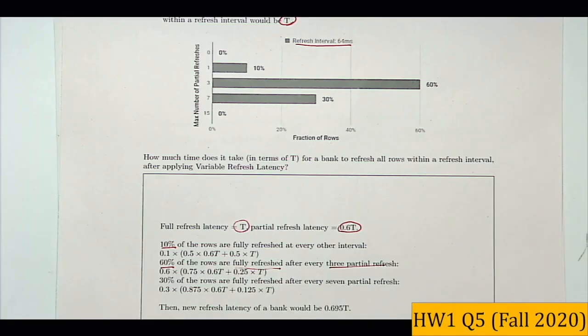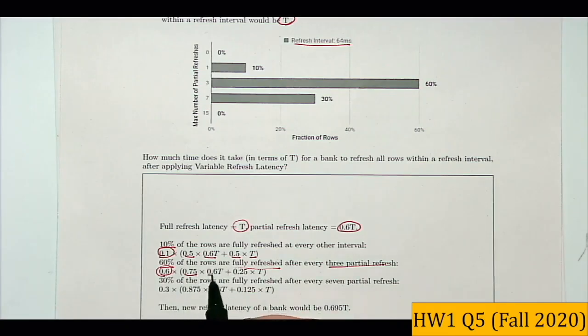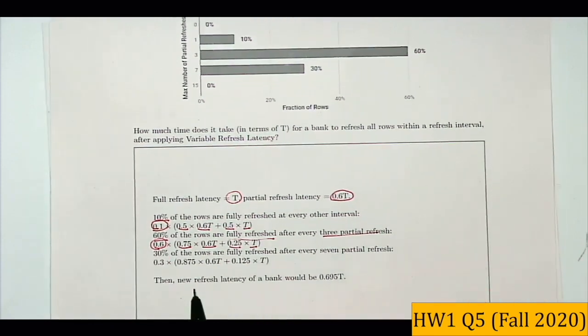So this 0.1 comes from 10%, and then half of them should be partial, half of them should be full. And for this one, 60%, 0.6, and then 75% of the refreshes should be partial, and 25% should be full refreshes. I just calculate these, add them up, and it gives me the refresh latency of a bank as this value.